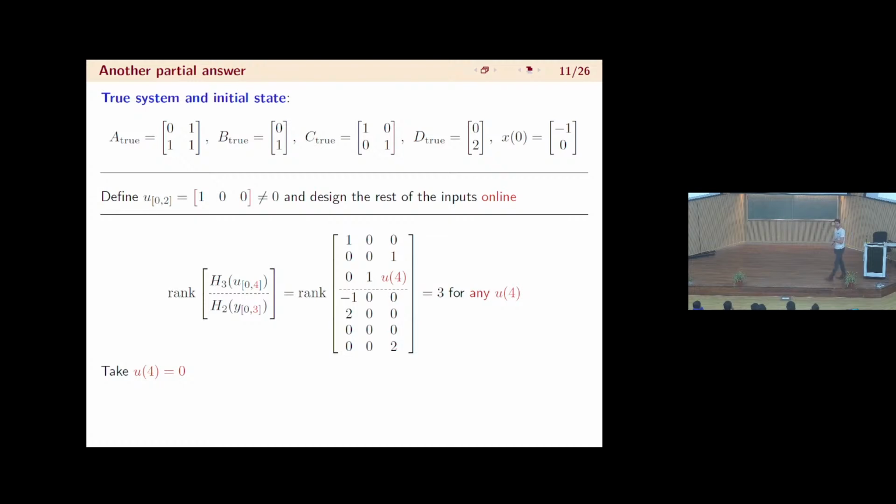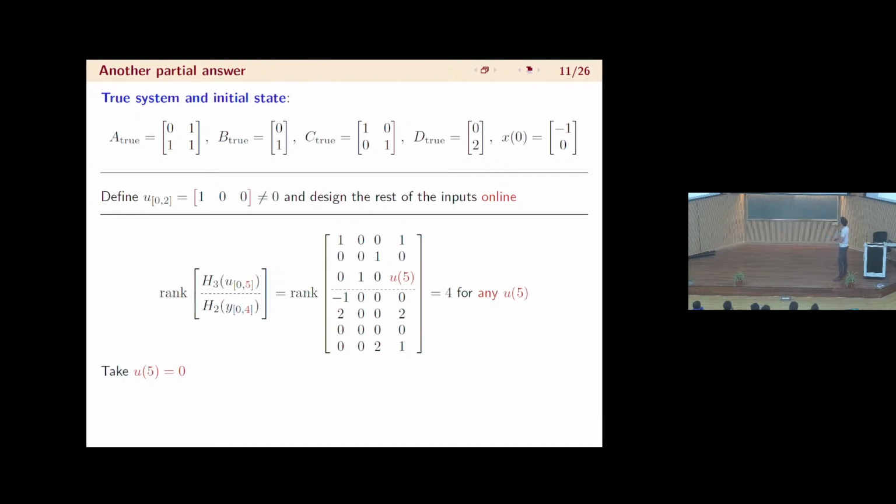Always this Hankel matrix has the rank 3. So I just choose U4 to be 0. Okay. Increase again, so I go to time step 5. Also in this case, you can see that for any U5, the rank of this Hankel matrix is 4. So again, I choose U5 to be 0.